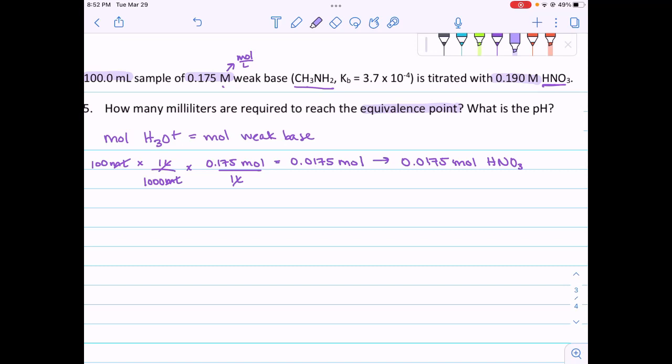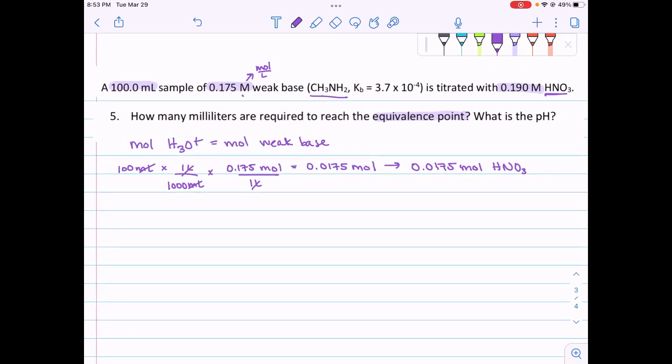So how many liters, and then milliliters, will we need of HNO3 to give us 0.0175 moles? So let's go 0.0175 moles of HNO3. This time we want to divide by the molarity, so we'll have 1 liter over 0.190 moles. So that's going to cancel out the moles and leave us in liters.